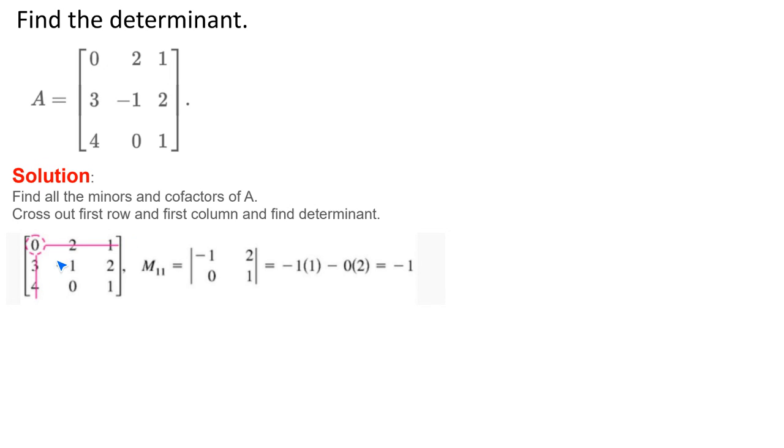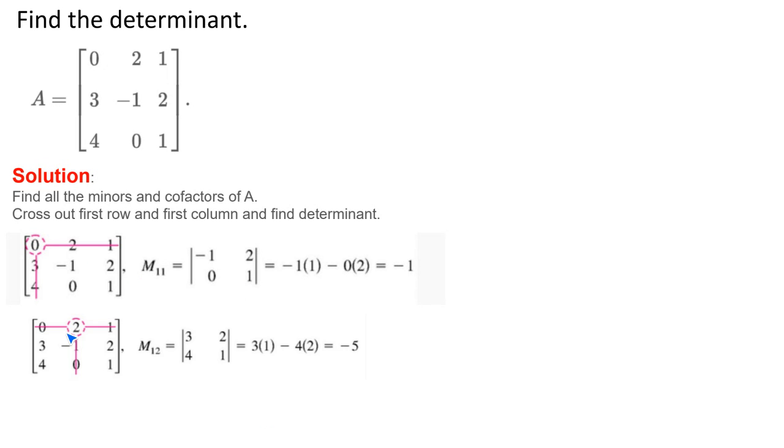If you notice, it leaves this little 2x2 here. So I'm going to call this -1, 2, 0, and 1. These are the numbers inside. Now, M11 just means that I'm using the first number in the first row, first column. So I find the determinant here: -1 times 1, minus 0 times 2, is -1.